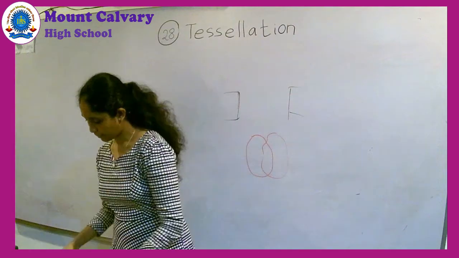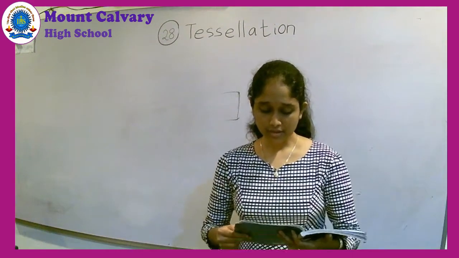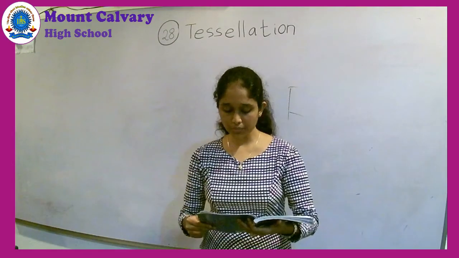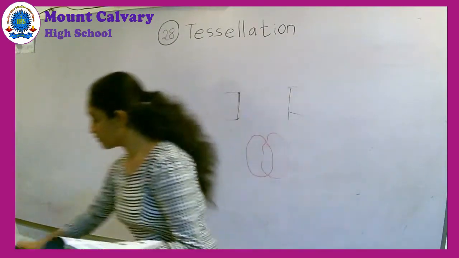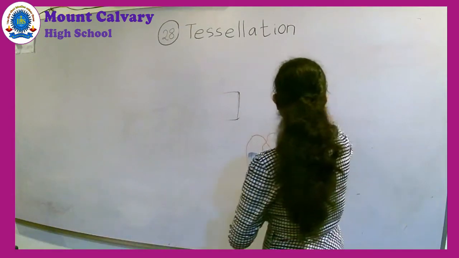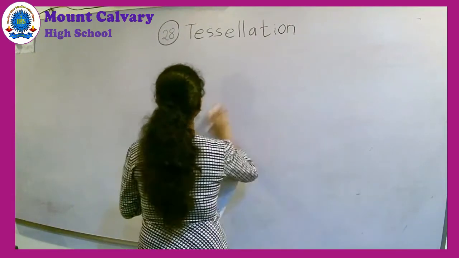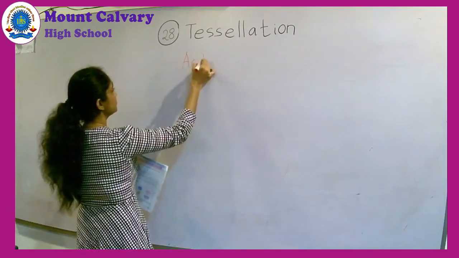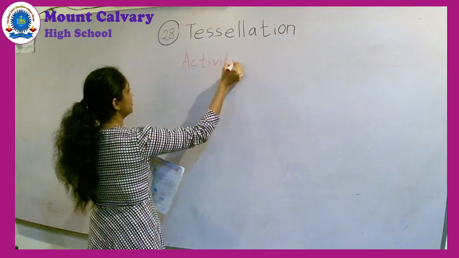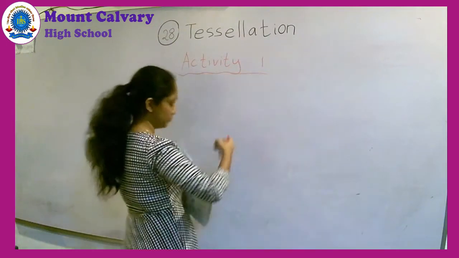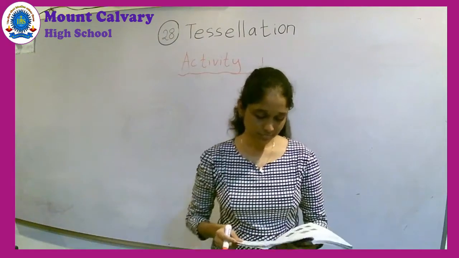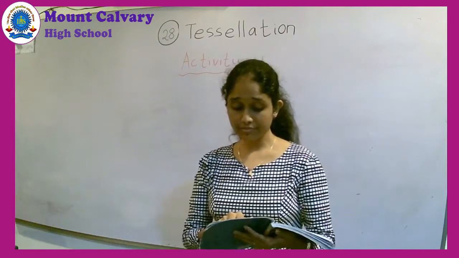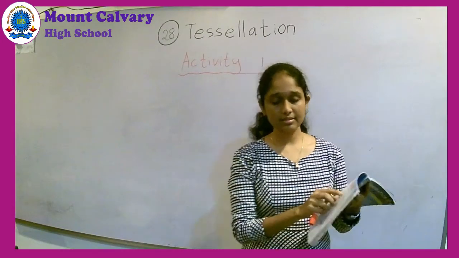In activity 1, create a design by repeatedly drawing the shape in this figure on a page in your square ruled exercise book. We are going to do activity 1 now. The shape is given.